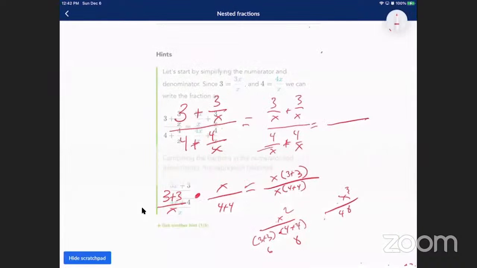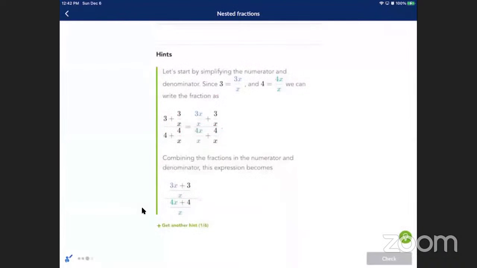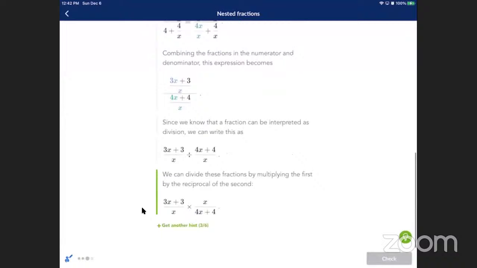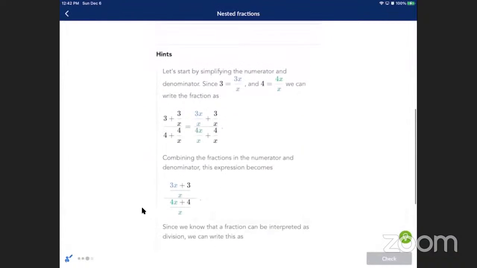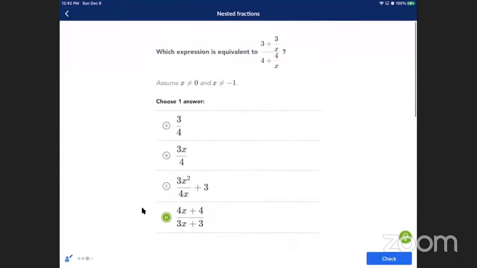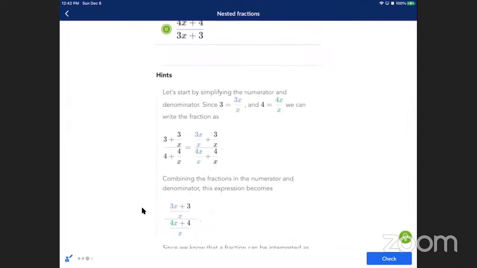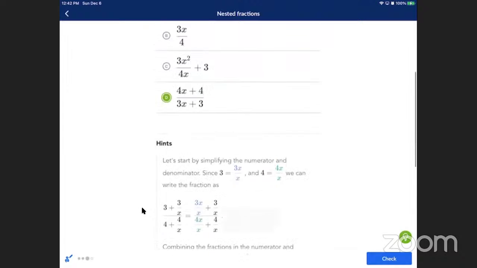Oh wait, 3x plus 3. Oh, that's why I actually was, this is 3x plus 3. It was actually, he had x to both sides on the top too. Oh, okay. That's where I messed up.